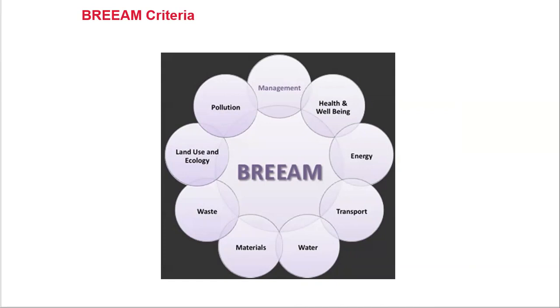Carbon dioxide pollution is used for evaluating transportation along with the proximity factors. So it's good to be close to public transportation, but at the same time, it comes with some pollution problems as well. So BREEAM also takes that part into consideration.